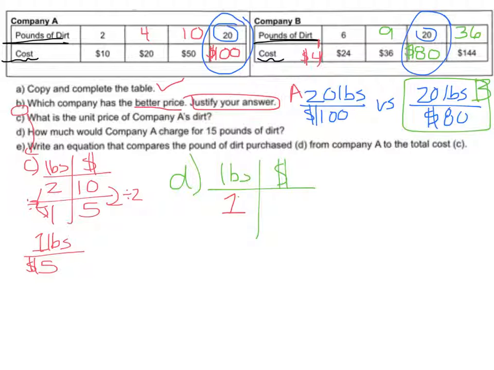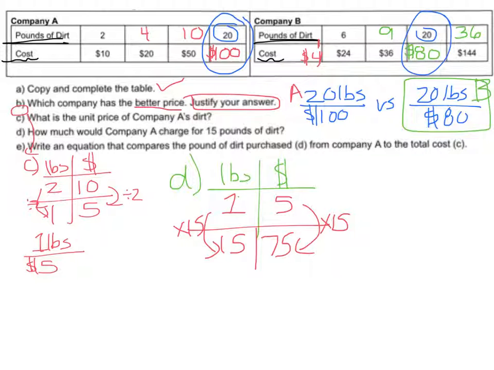So it's 1 pound per $5. Now we want to get from 1 pound to 15 pounds. So we're able to do that by multiplying by 15. So we also multiply our cost by 15. And we know that 5 times 15 is equal to 75.